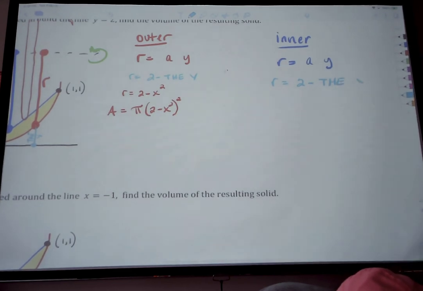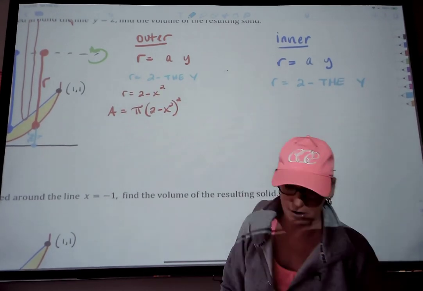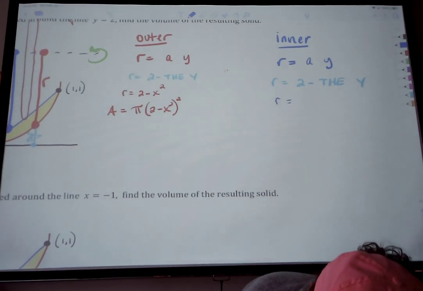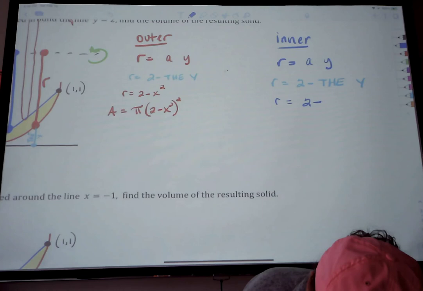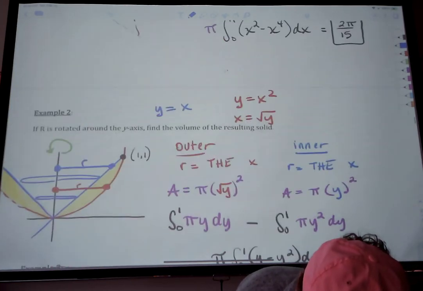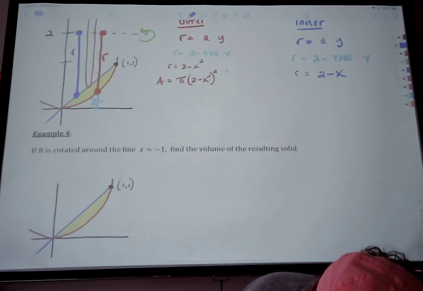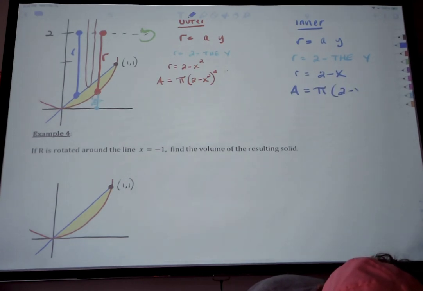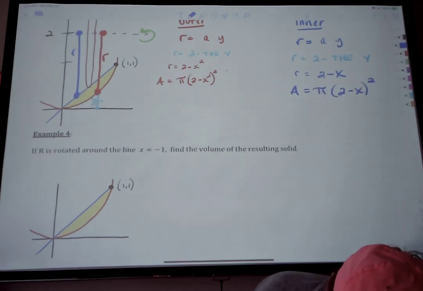See? It's the same concept as what I did over there. And for the blue function, my y is just equal to x. Area equals pi r squared.